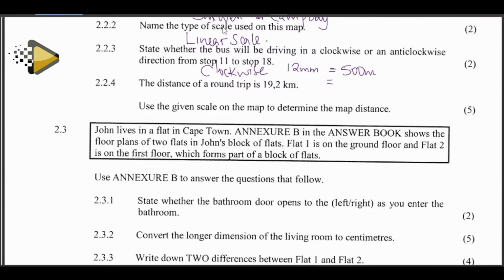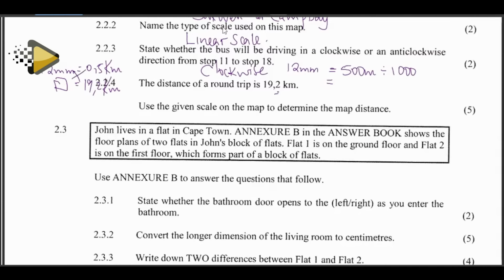Let's change this to kilometers, whereby if you have 12 millimeters, you have 0.5 kilometers. And the trip has 19,2 now. What shall we do?